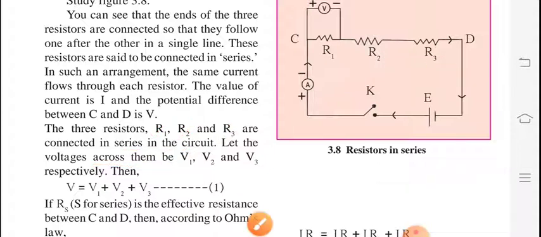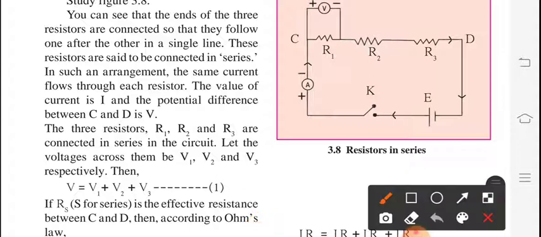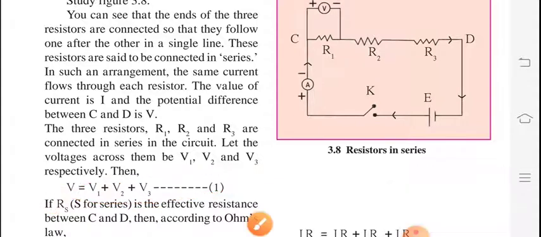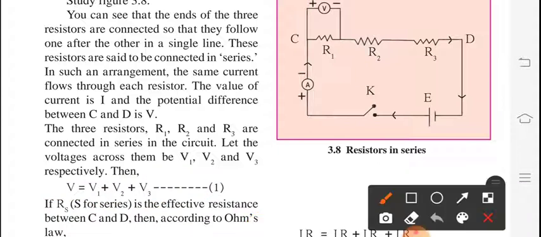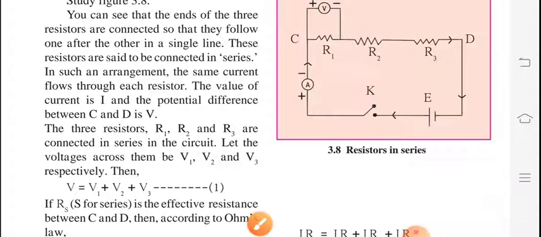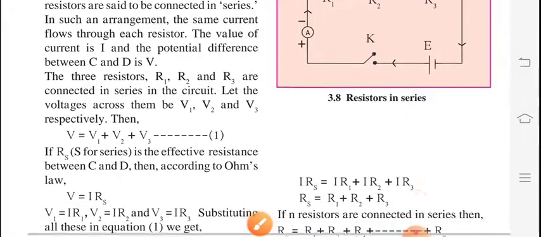So we can say the total voltage is the addition of the individual voltages. That means V is equal to V1 plus V2 plus V3. This voltage V is distributed among these 3.